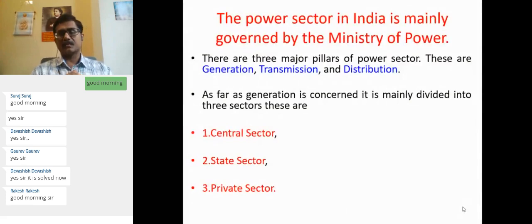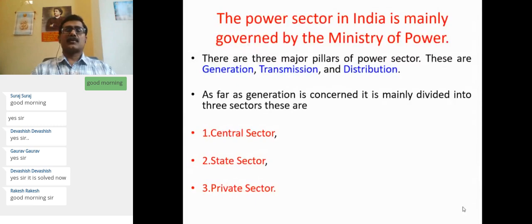So: power generation company, power transmission company, and power distribution company. Most state electricity boards are now trifurcated into these three sections: generation, transmission, and distribution.